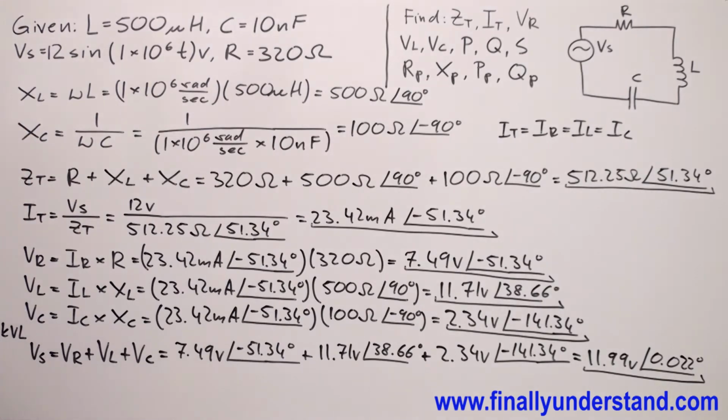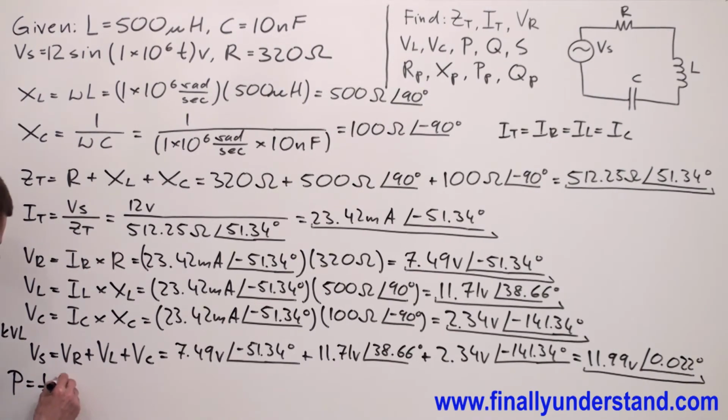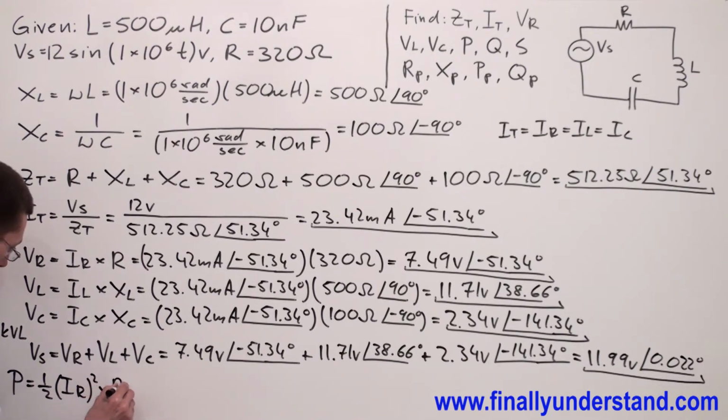Next, we're supposed to find the true power. We're supposed to write the formula first. P true is equal to, because I'm dealing with peak values, I'm supposed to write 1/2 IR to the second power times the resistance.